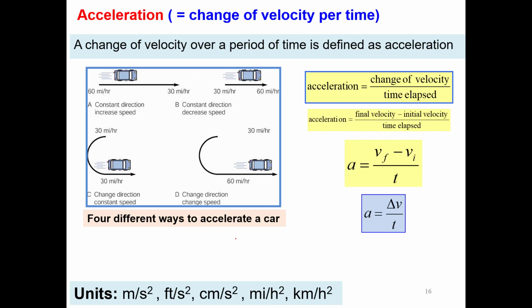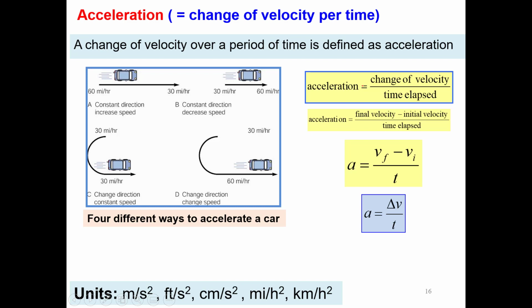Yes. And here we had the 4 different ways we can accelerate the car, meaning the 4 different ways we can change the velocity per unit time. Now we can define the acceleration as the change of velocity over the time.